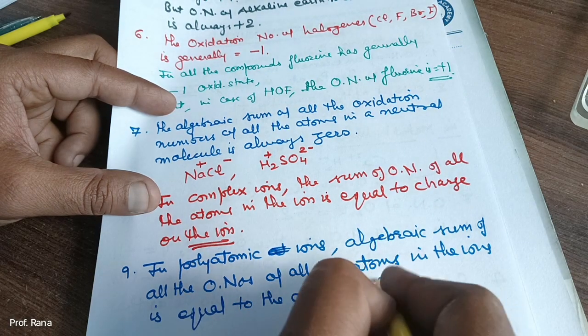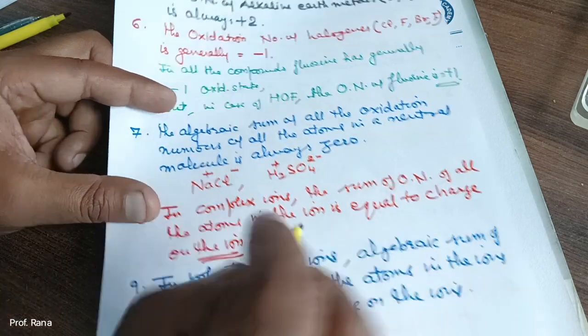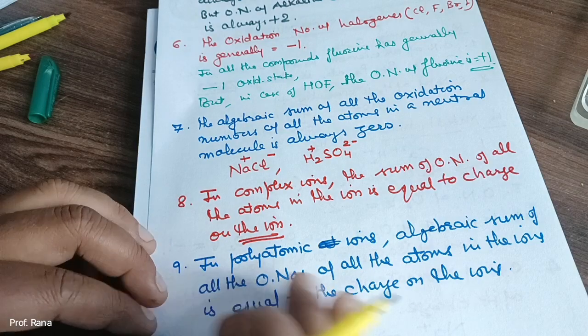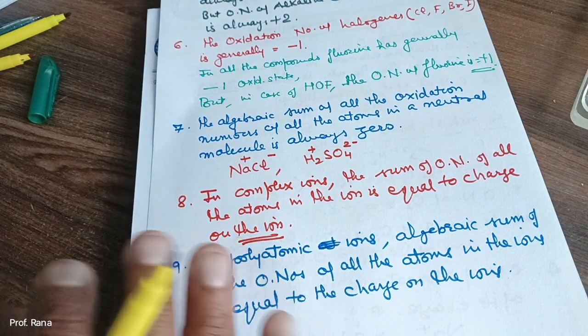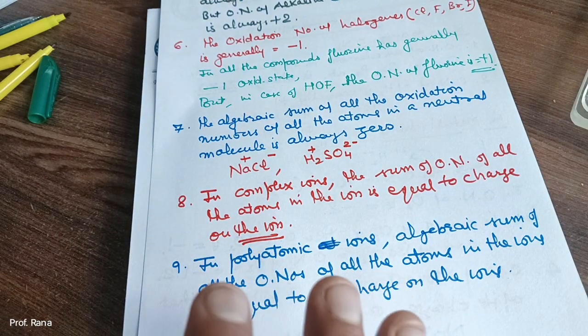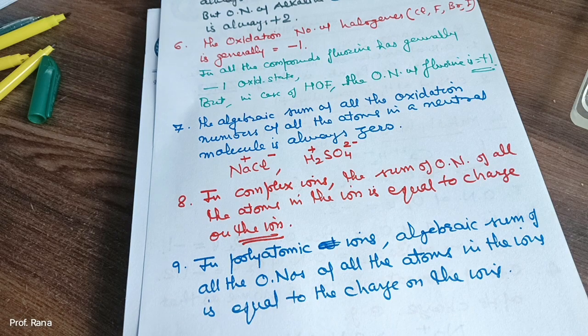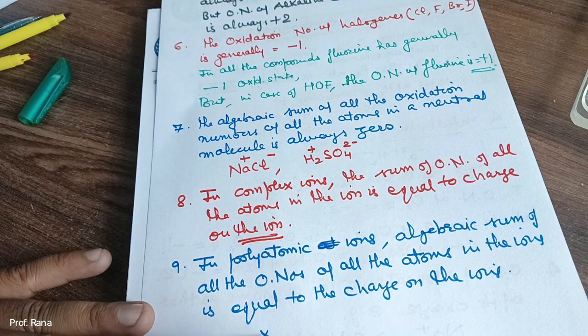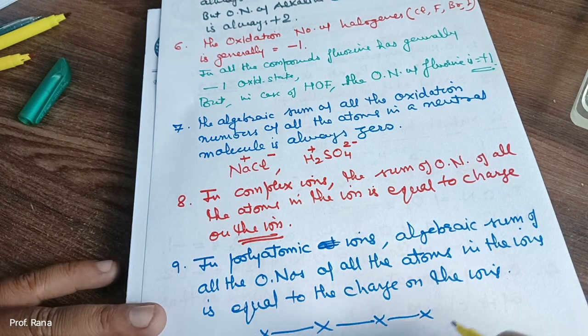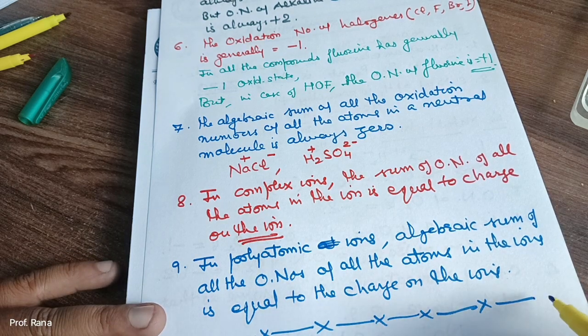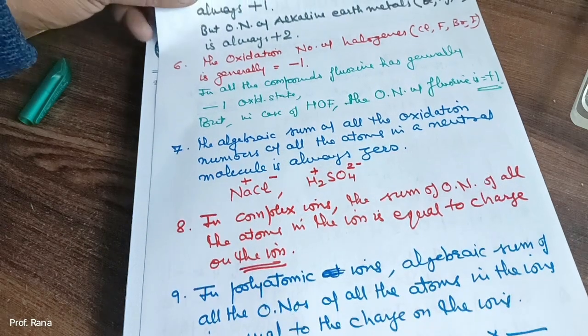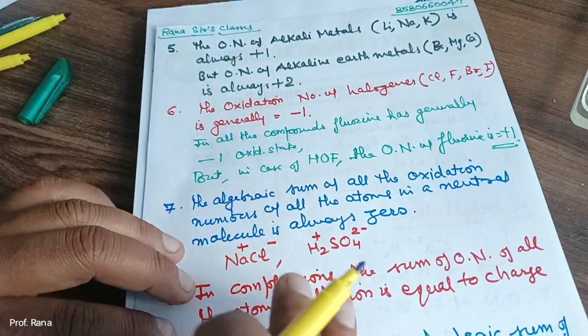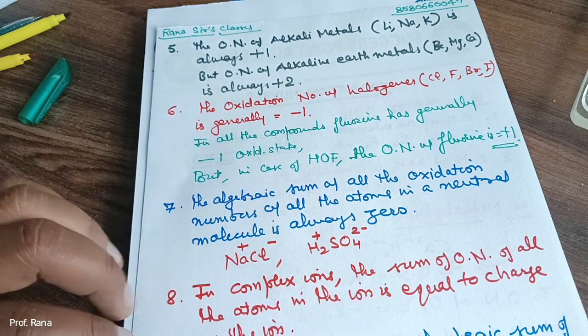So in complex ions and in case of polyatomic ions, the case is similar. Right, students? Now, these are certain rules which you have to follow while assigning the oxidation number for a salt or for a compound. So now we will try to understand these rules with certain examples.